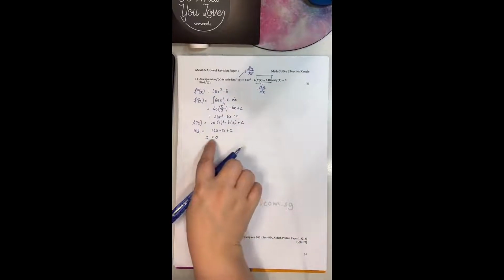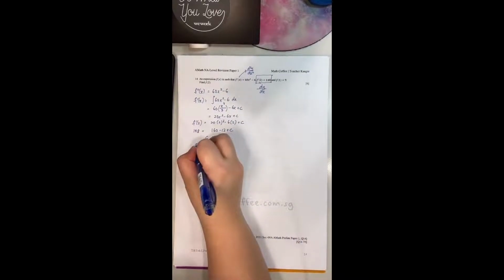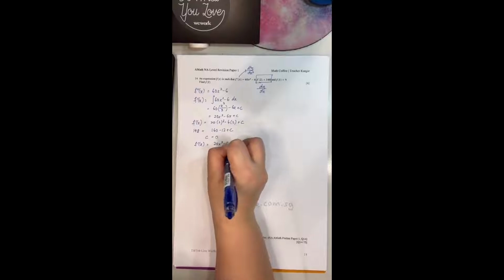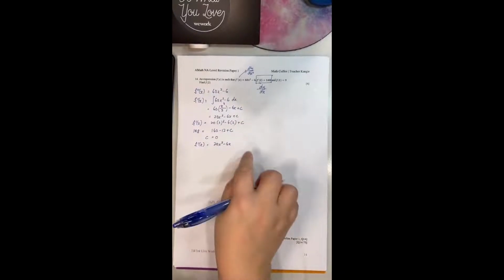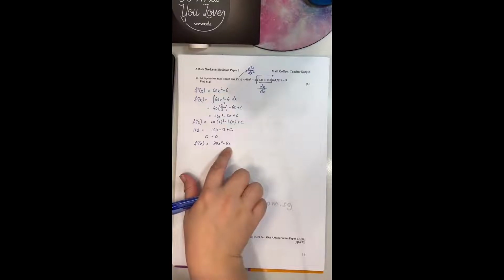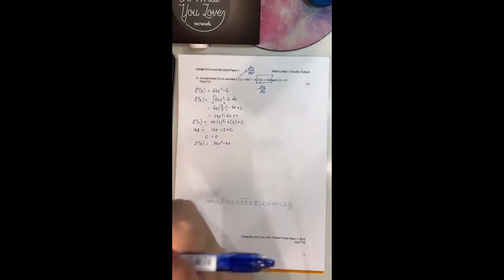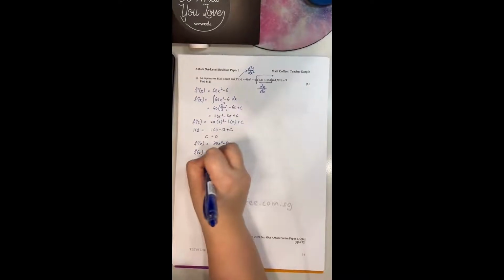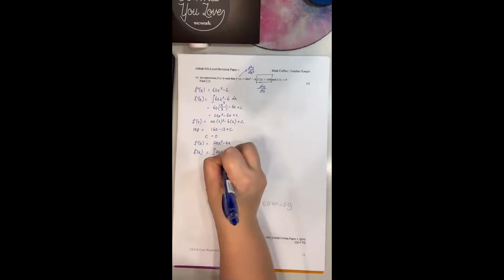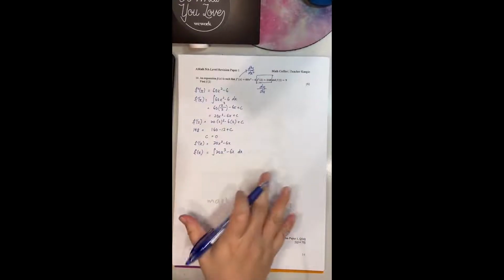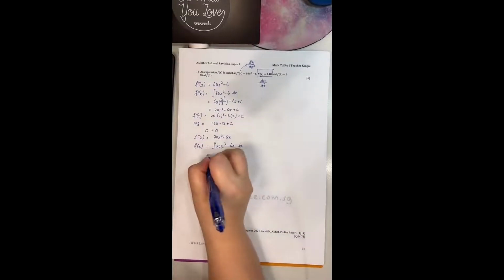Okay, so now once I have my c, I can now say that my f'(x) I know that it is 20x cubed minus 6x plus 0. Of course, don't have to write the plus 0. So this is my first derivative. Now, we're going to find our original f(x). So f(x) will be, I need to integrate 20x cubed minus 6x with respect to x. So let's integrate again.